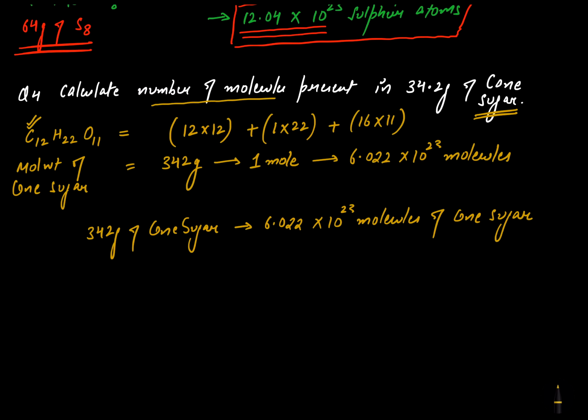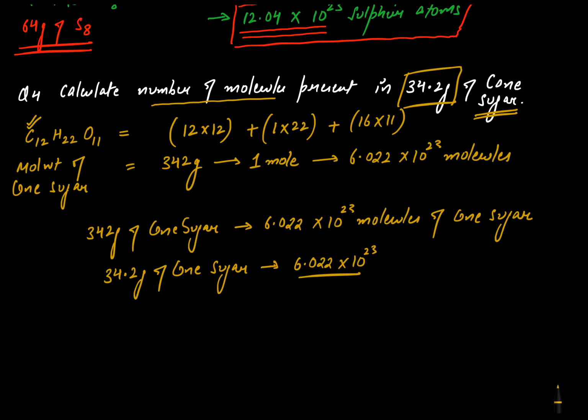I have to evaluate the number of molecules in 34.2 gram. So 34.2 gram of cane sugar will have 6.022 into 10 raised to the power 23 divided by 342 into 34.2.